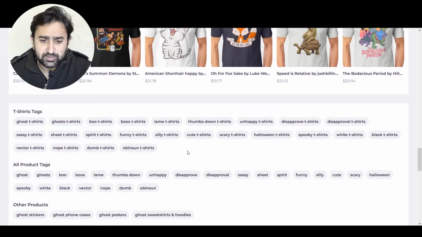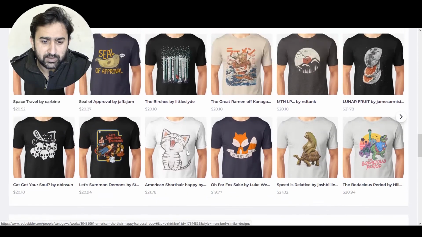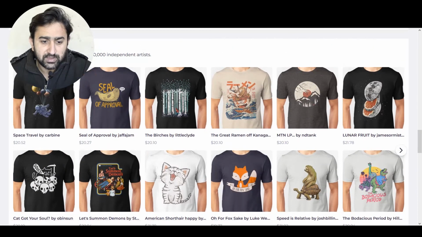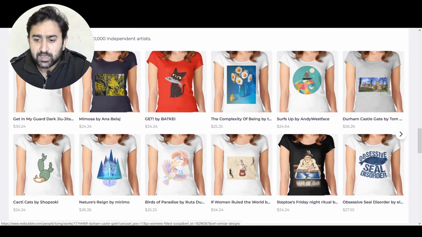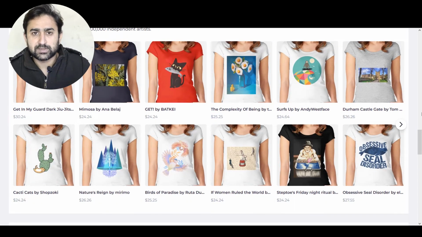And if I show you some other relevant examples that you can see here under the designs that I have just shown you, the similar designs, there is something that I have noticed: these are not basically showing you only the designs that are relevant to the first tag that you apply.